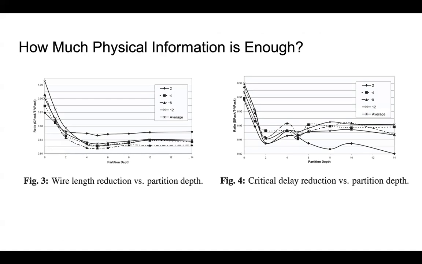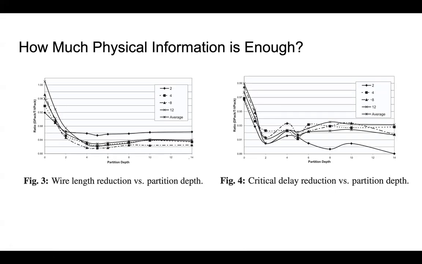So then they do basically a study on how high resolution our global placement needs to be. In here we have two graphs. The x-axis is the partition depth. For example, with partition depth 4, you would cut the netlist into two partitions 4 times.